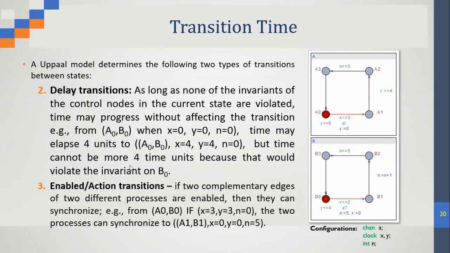Sometimes, for example, you see this location A0 and B0. Here we have an invariant, and we have also an invariant here. So this will delay the transition.